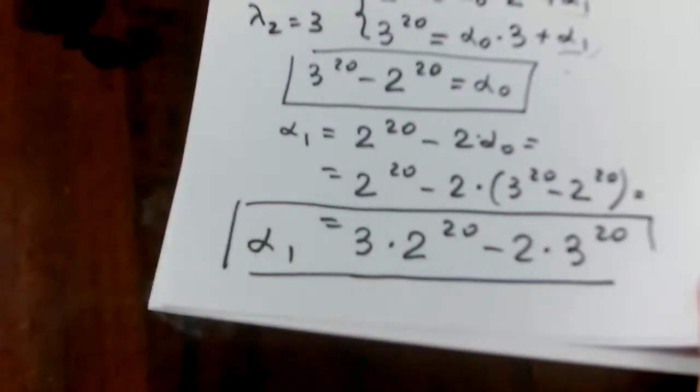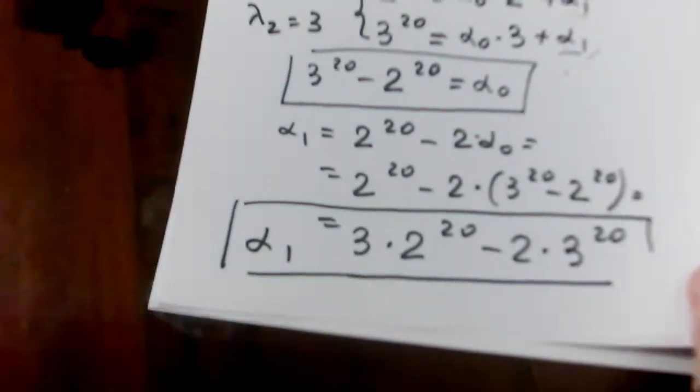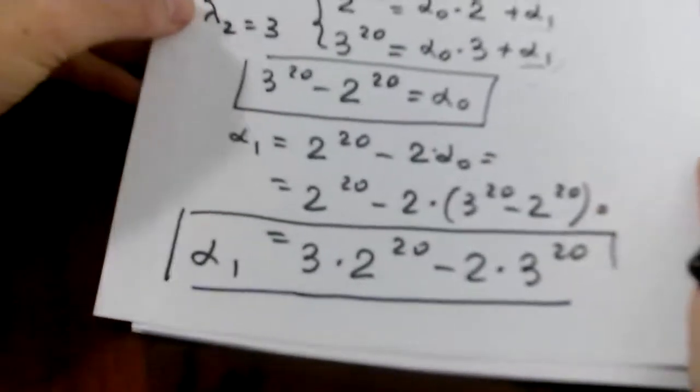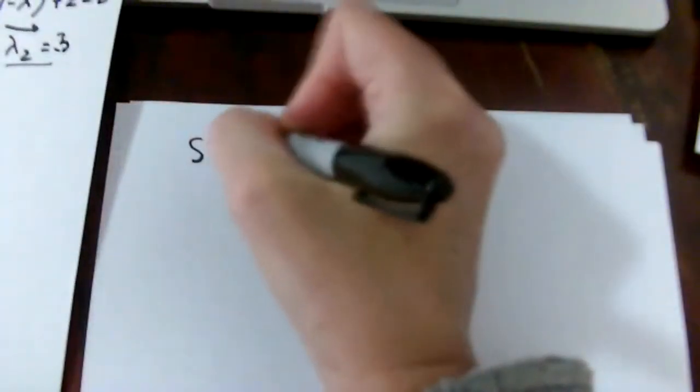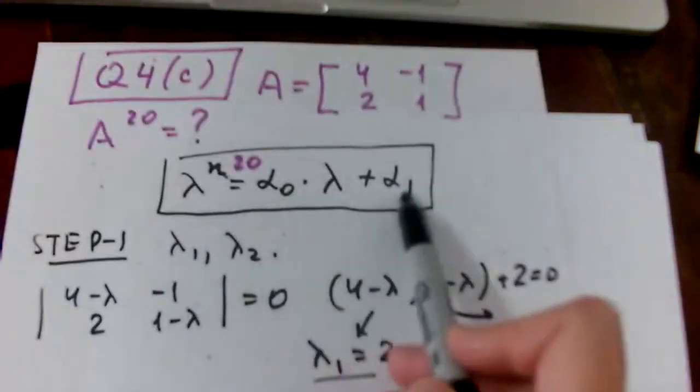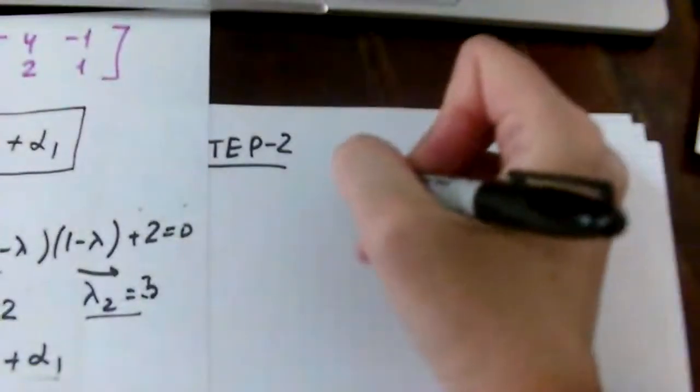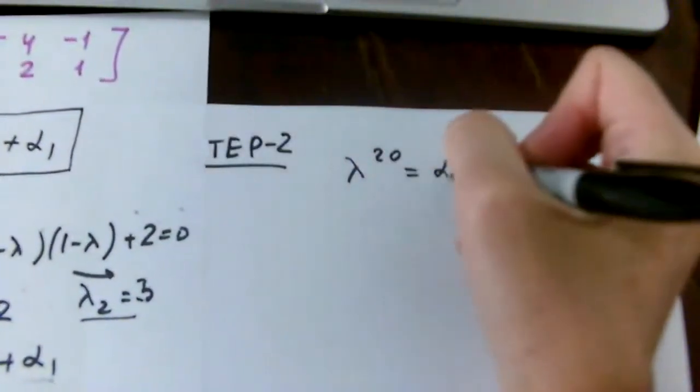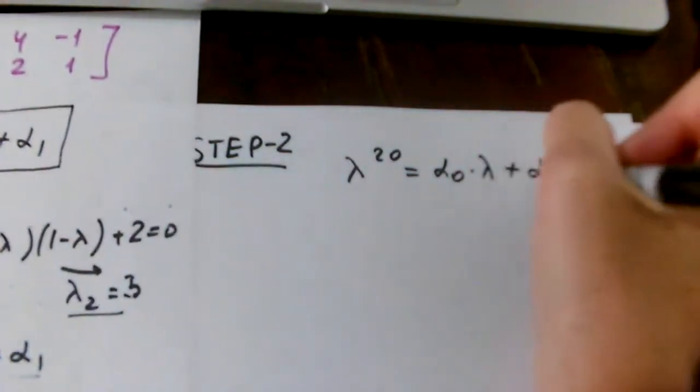Okay, so now we are ready to switch to the second step, which is about calculating the power of the matrix already. Step 2 will be the final step. So what do we do now? I'm going to copy this equation here: lambda to the 20 equals alpha 0 lambda plus alpha 1.